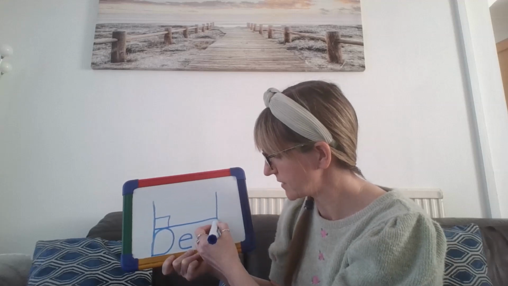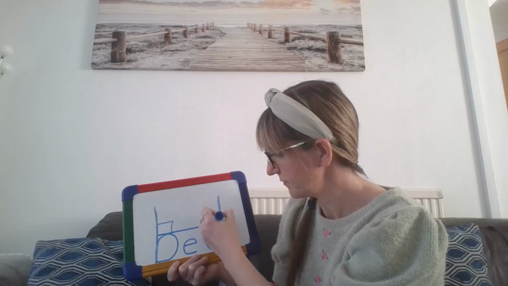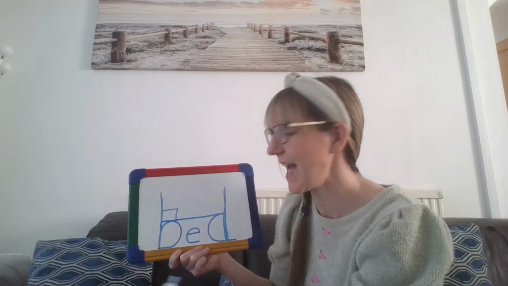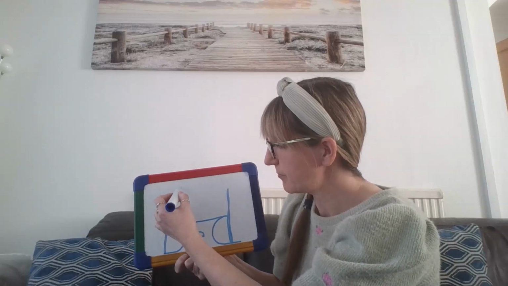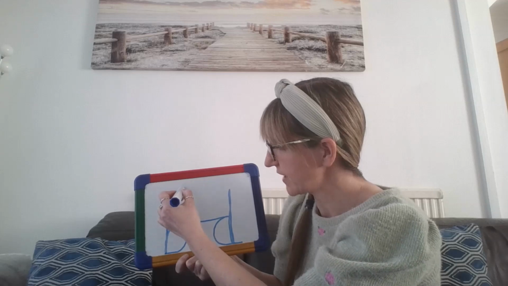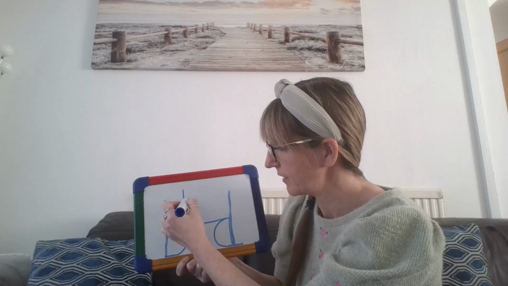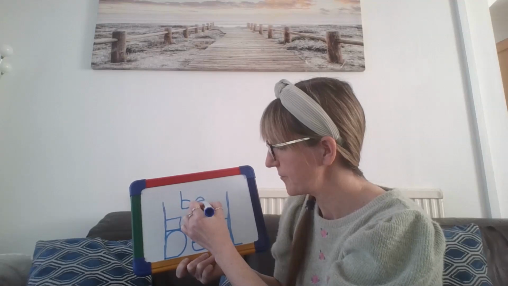And then we do a d. And you can say those sounds with your child. B-ed, bed. Now, when we do it up above here, you can see we do the same thing. We come down for the b, back up and around. Then we have our e.